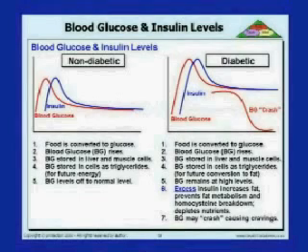In a diabetic's body, the glucose level continues to rise, insulin levels continue to rise, and they never return to normal. And they stay at very high levels. What's important to understand about that is, if your body has excess insulin, then you have the probability of developing microinflammation.